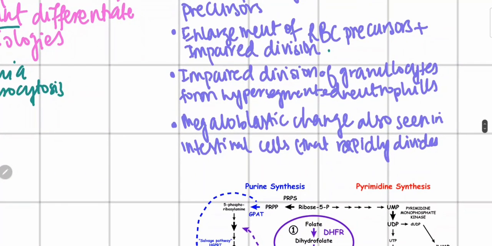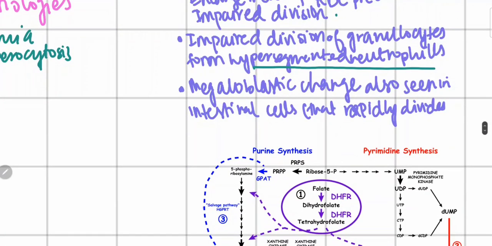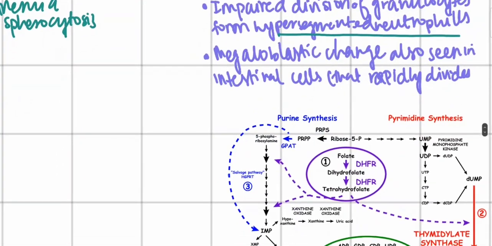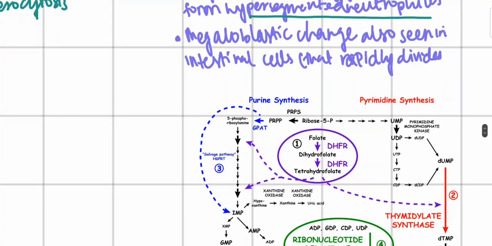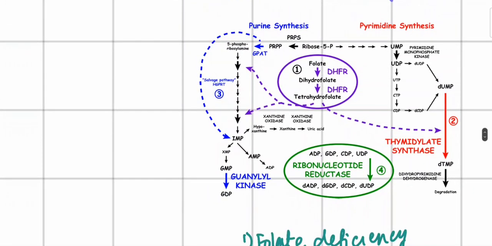There is also impaired division of granulocytes because of the folate deficiency, so our white blood cells will also be hypersegmented. We will have hypersegmented neutrophils, and that is why we call it macrocytic anemia. Megaloblastic change is also seen in the intestinal cells because they're rapidly dividing.